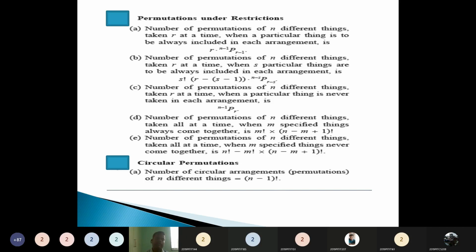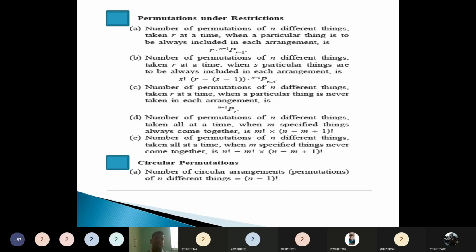For understanding, take n equal to 10, r equal to 5, s equal to 2. For that, the permutation will be s factorial into n minus s P r minus s. n minus s P r minus s will be the formula.